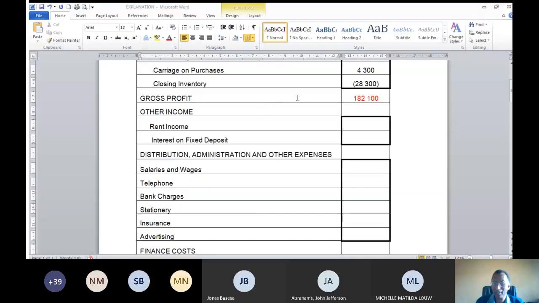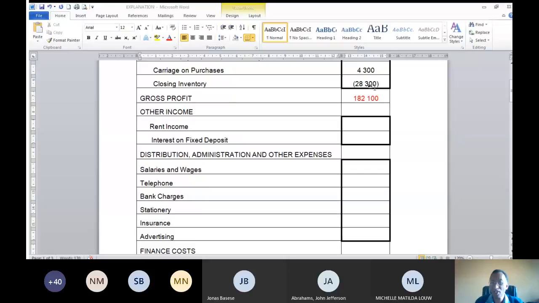So once again, guys, go to the question, go to the trial balance, you list all the applicable expenses there, you block them, whatever you may have, add them up, and that will give you your amount of distribution, administrative, and other expenses.